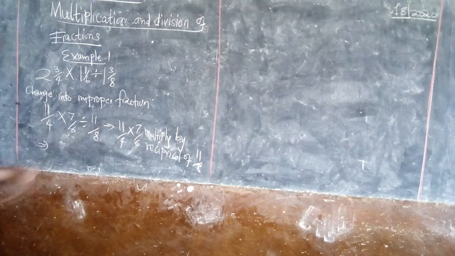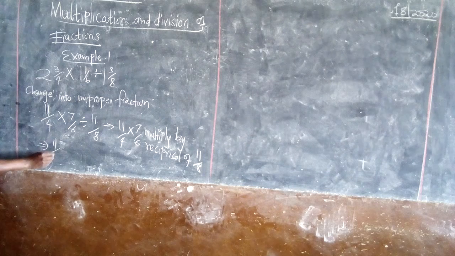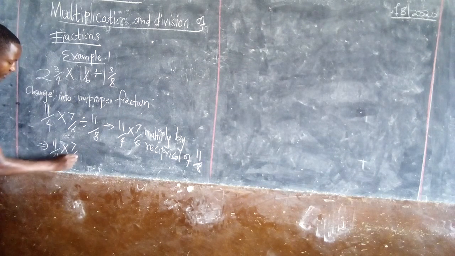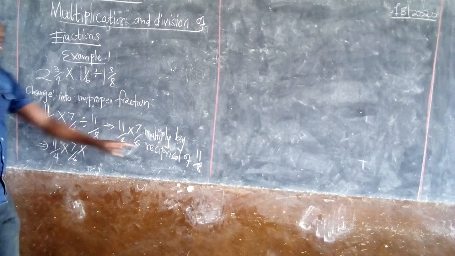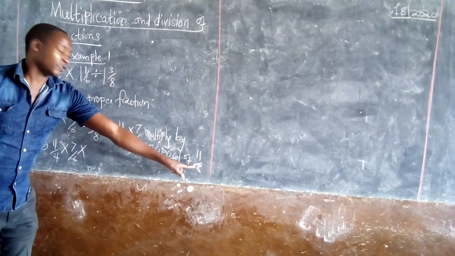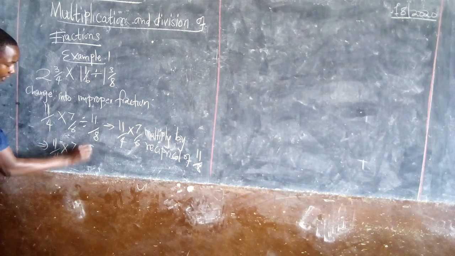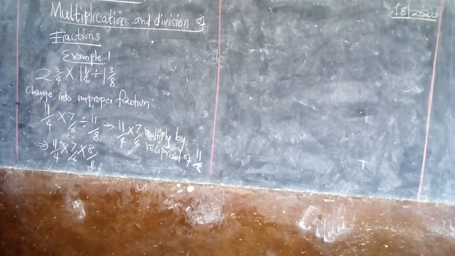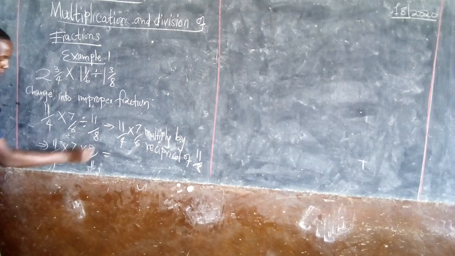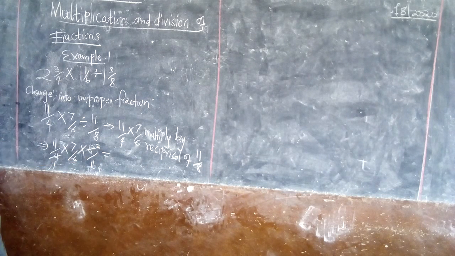So this is 11/4 times 7/6 times the reciprocal of 11/8, which will be 8/11. From there we can simplify: by 4, 1, by 4, 2, by 2, 1, by 2, 3.